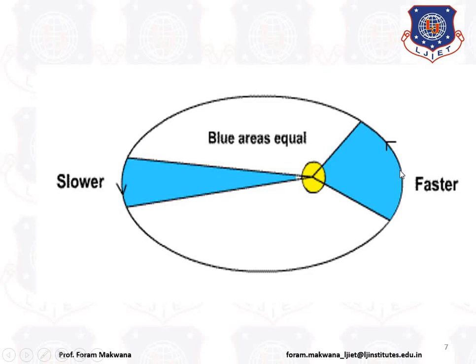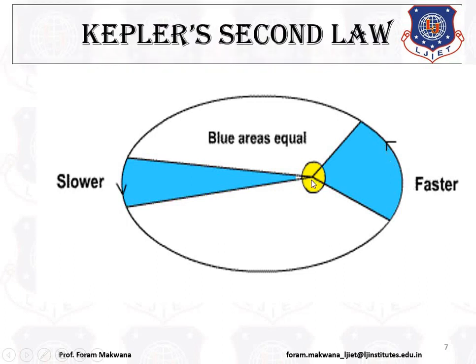So, gravitational force of Earth on this point is higher than the gravitational force at this point. So, the velocity is going to increase as this point is nearer to the Earth, and velocity is going to decrease because it is farthest from the Earth. So impact of gravitational force will be less at farthest point.